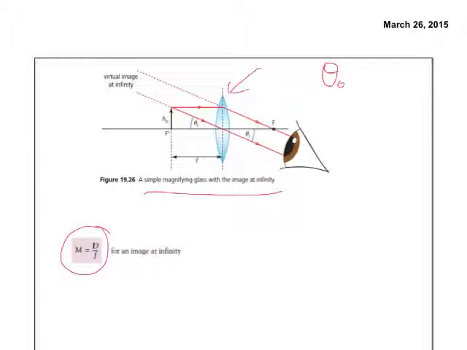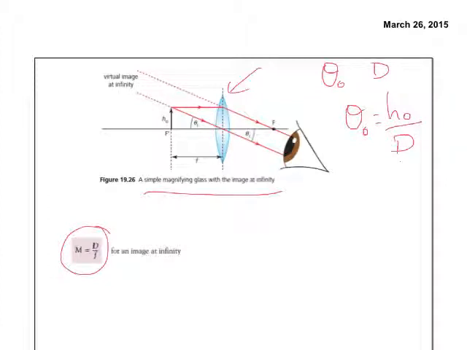And this object placed at the near point would give us an angle equal to the height of the object over the distance from the supposed center of the lens to the near point.